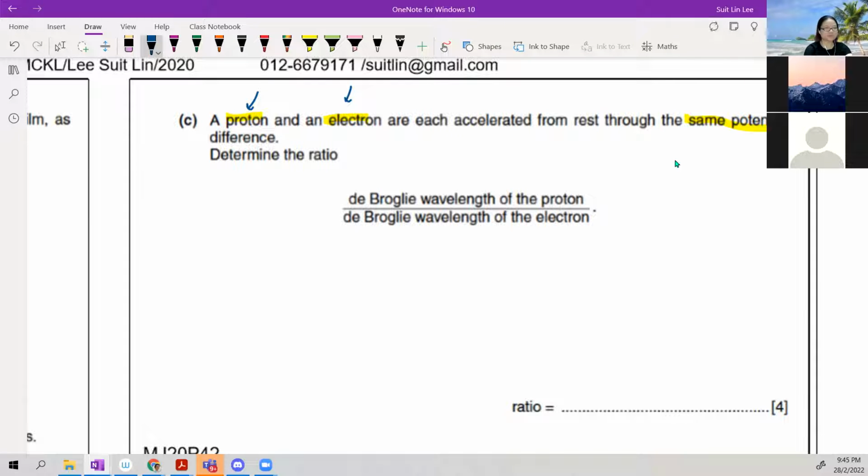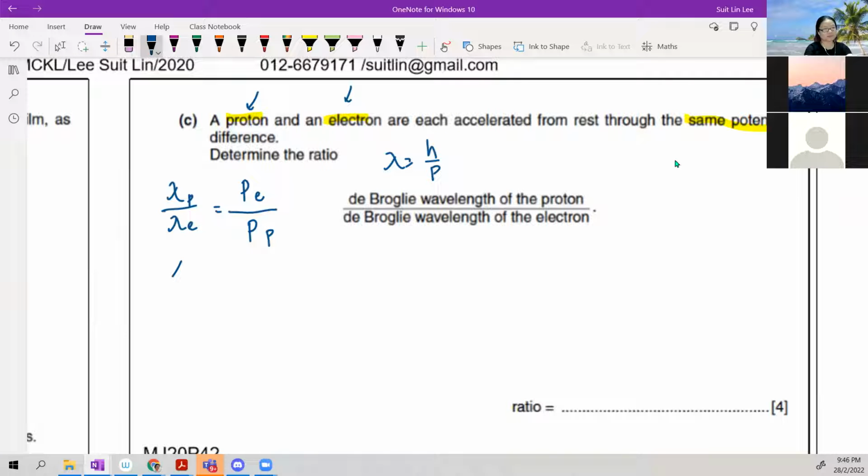All right. So they're asking for lambda P over lambda E. And you might be thinking, well, I know lambda is equal to h over p. So I can write this as the momentum of the electron divided by the momentum of the proton, because of the inverse proportionality.